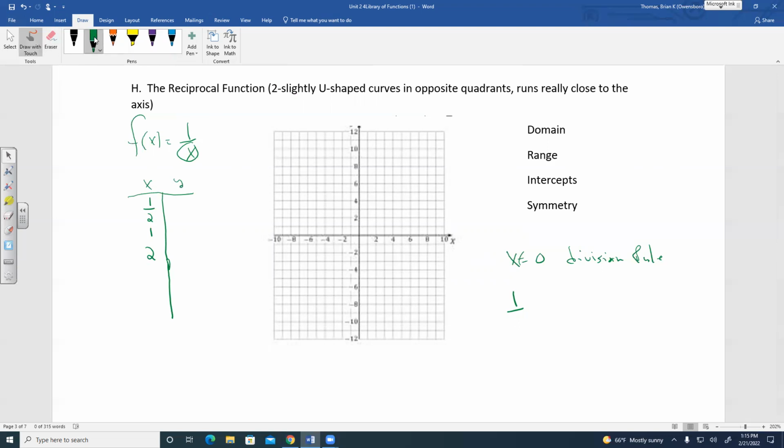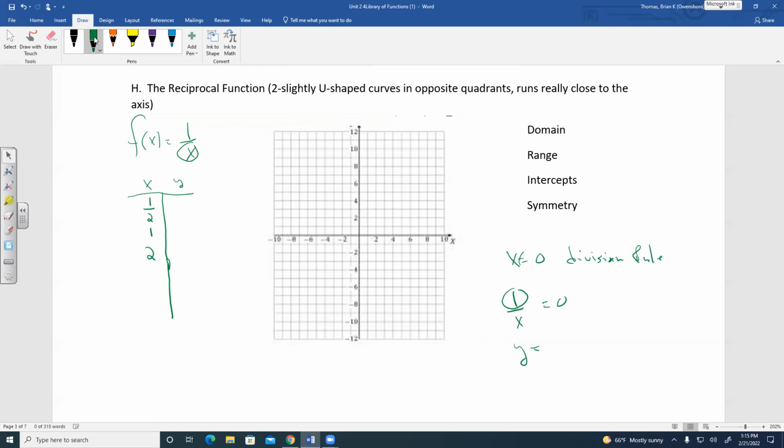So if I have 1 over x, another thing I have to pick up on here is the only way this can equal 0 is the numerator has to be 0. But the numerator is 1. So what this tells me is this cannot equal 0.